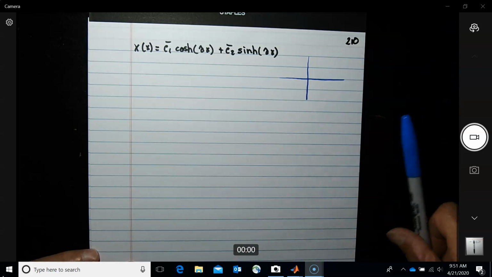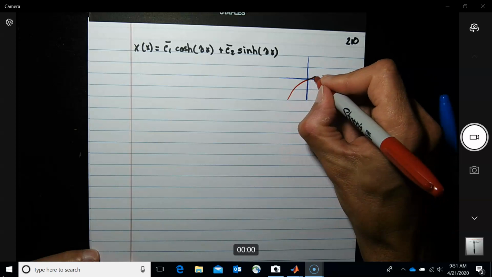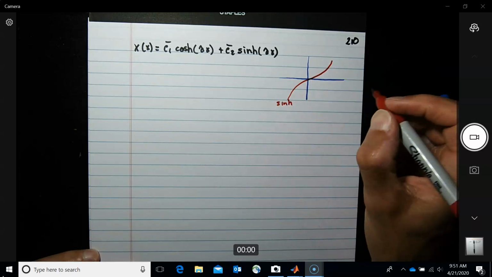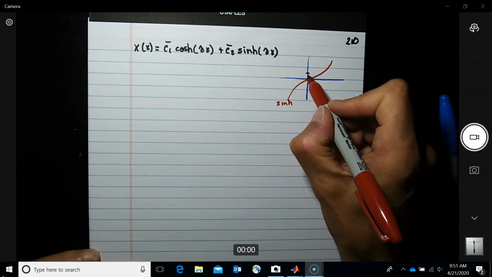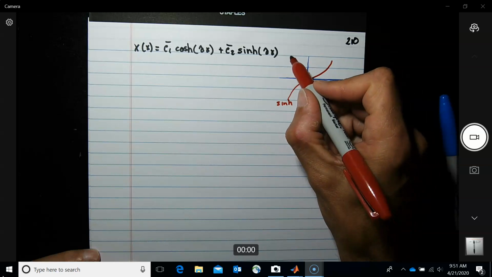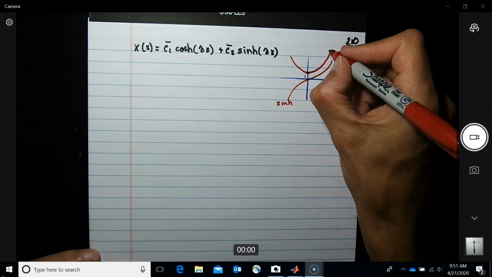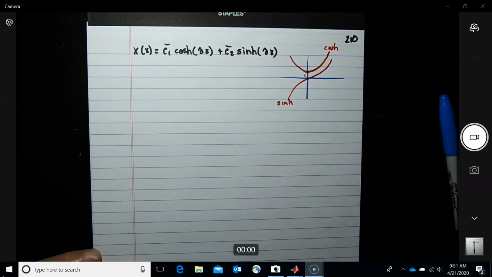So basically the function sinh is this way, okay, and the cos function will cut the y-axis at a point 1 and we'll do some type of a parabola this way, okay, and this will be the cos function. Alright, so let's see what happens.